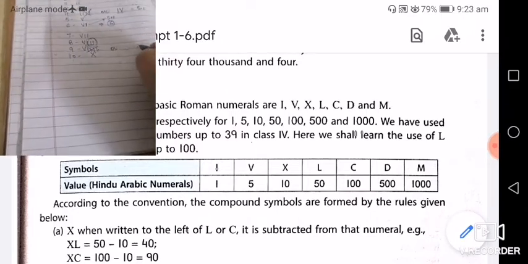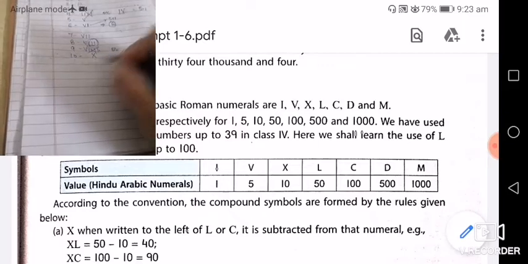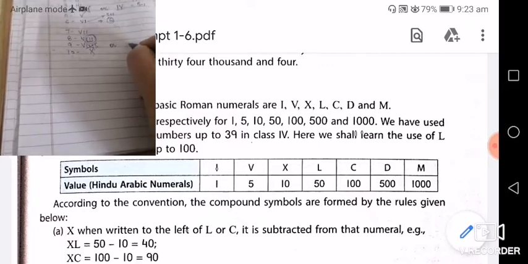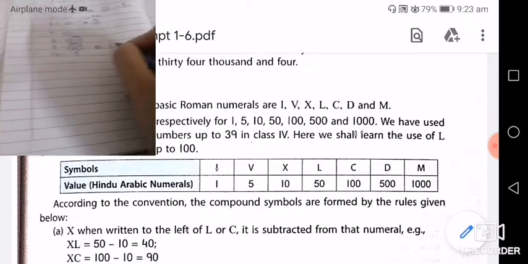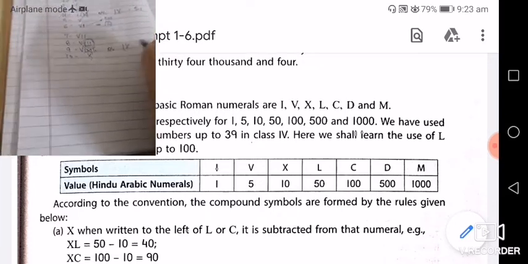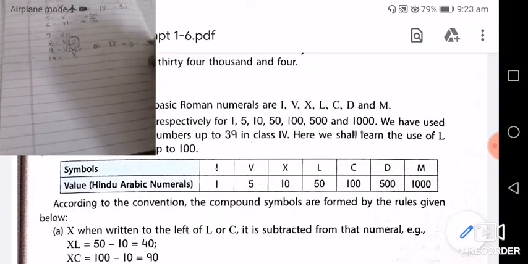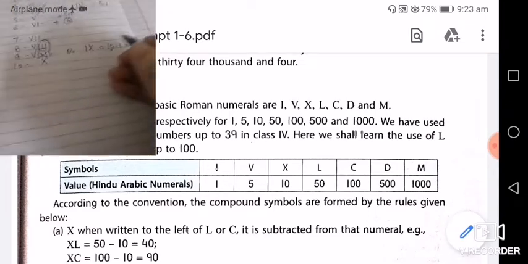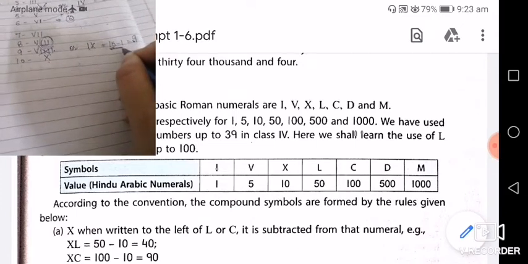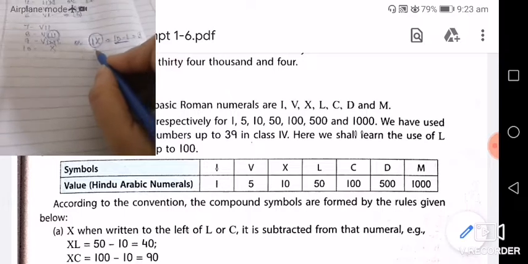From 10 we will subtract 1. So how will we write? I, then X. We will put I before X. So this will become 10 minus 1, that is equal to 9. This I am telling you only for explanation. You have to remember this only: how will you represent 9?